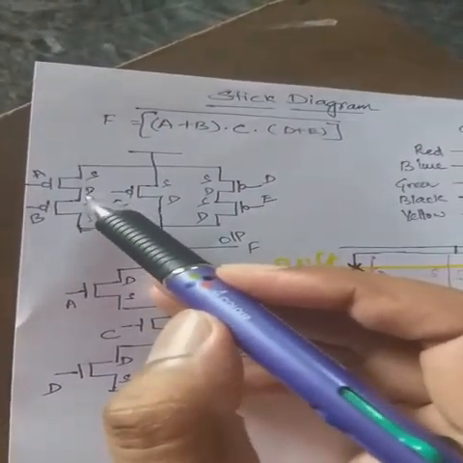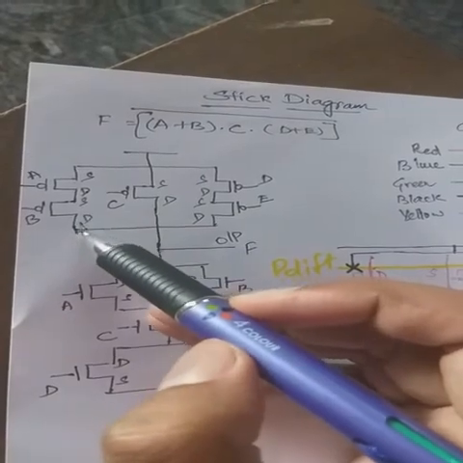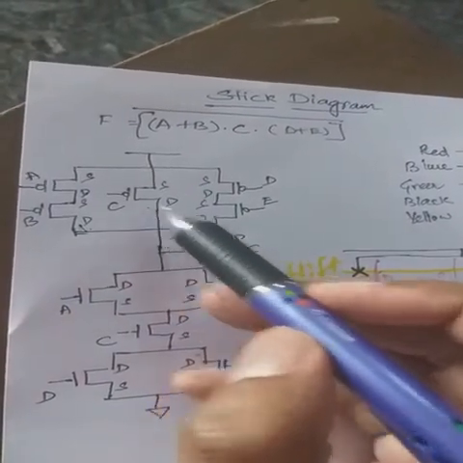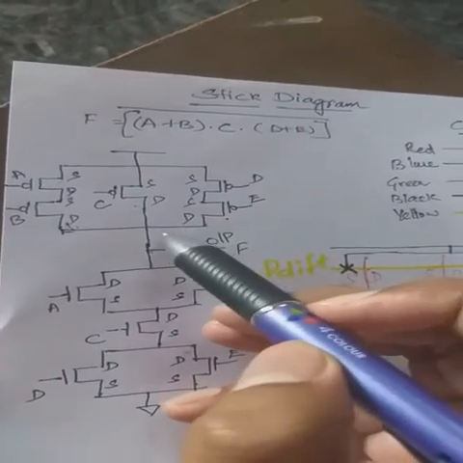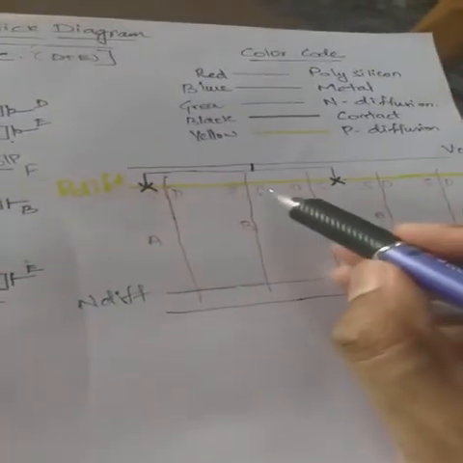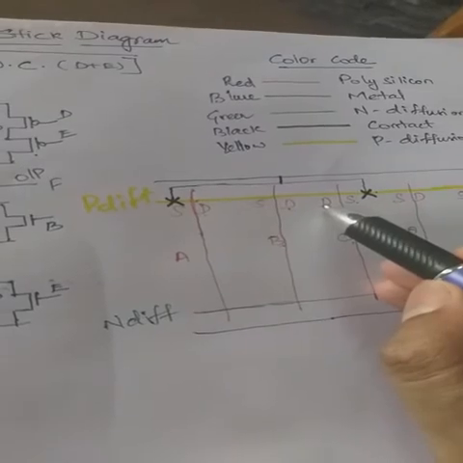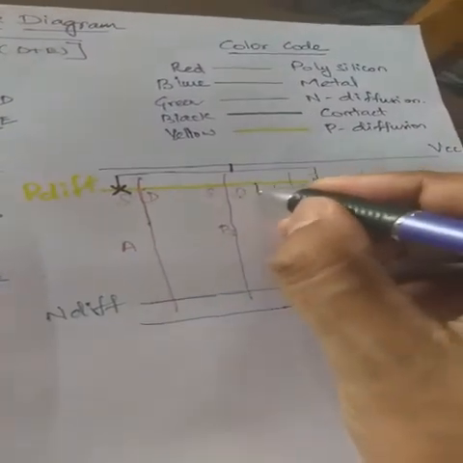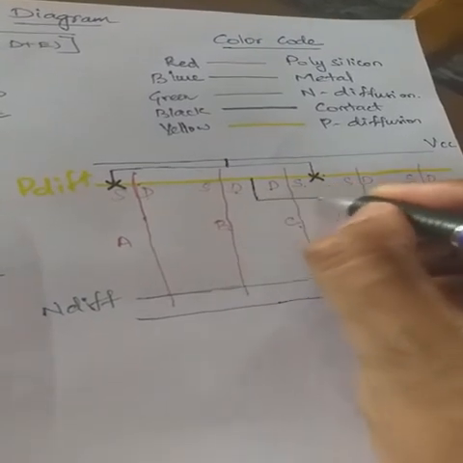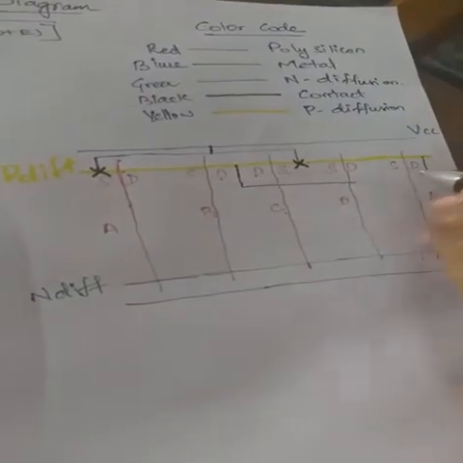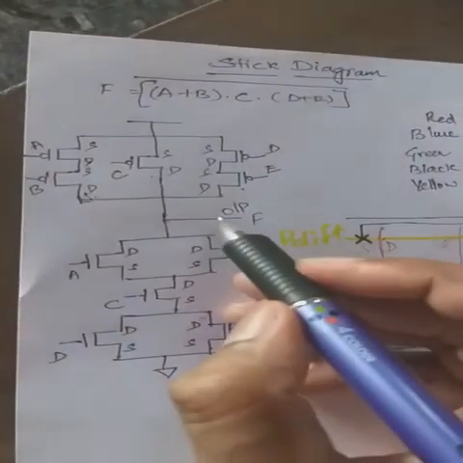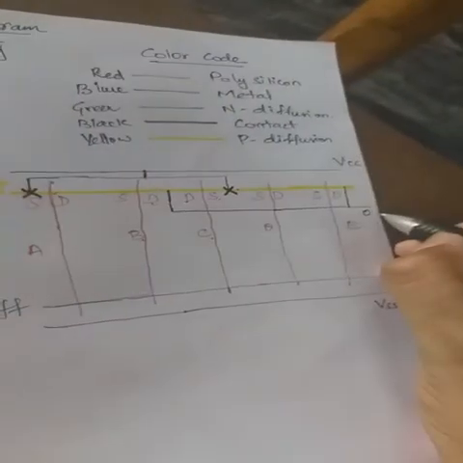this is already connected, and then we have to move ahead with this connection. Drain of C and drain of E are connected together. So we have to take up a connection from here and connect it with the drain of E. They are connected to the output terminal, so this is your output.